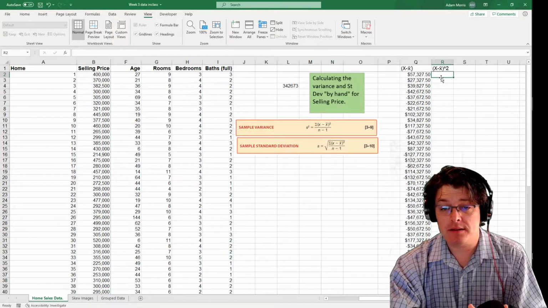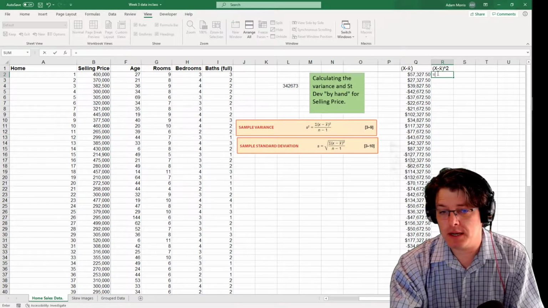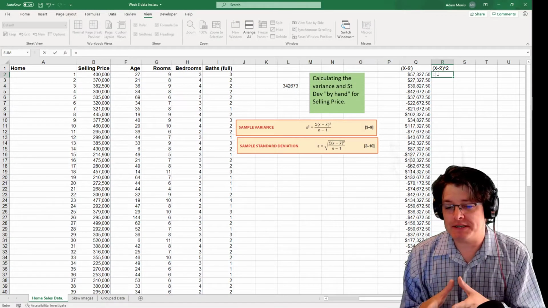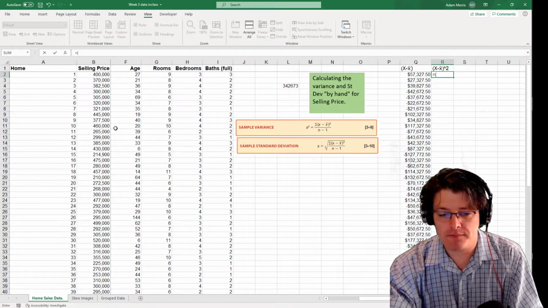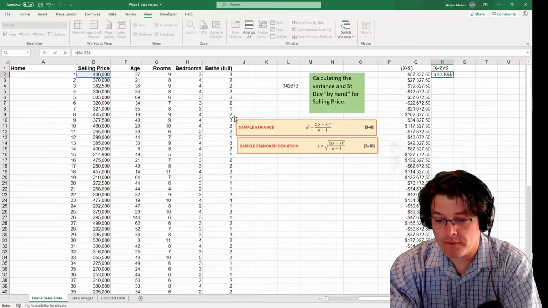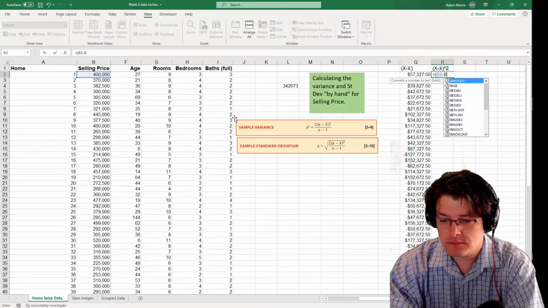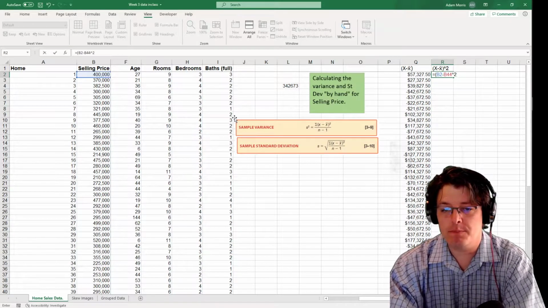So again, let's use Excel to help us. We could rework this whole formula, and as you become more familiar, oftentimes you can fit these all into one, right? I could do B2 minus B44 squared, right? I could just build it all into one.